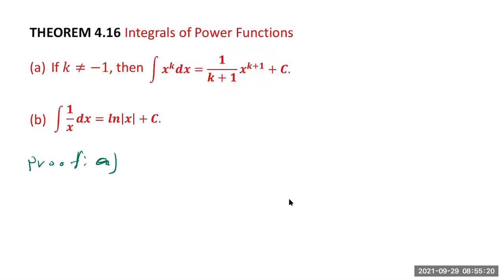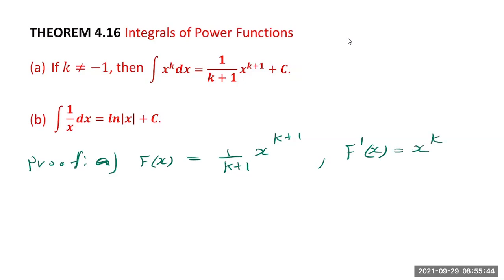Well, let's check that. I'm going to take F of x to be 1 over k plus 1 times x to the power k plus 1. Then clearly, if you differentiate this function, F prime of x is going to be exactly x to the power k.